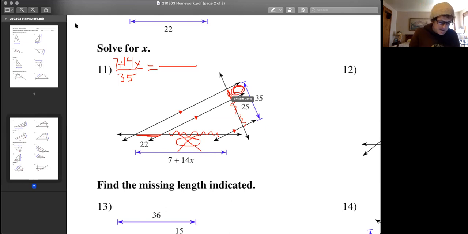If I know this is 35, the entire length, and that's 25, this is just like the one before. 35 minus 25 means that this length right down here, that one right there, has to be 35 minus 25, which is 10. And I'm going to pause right there and see if there are any questions. I might have gone through that pretty quickly.